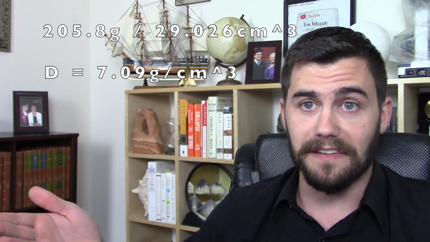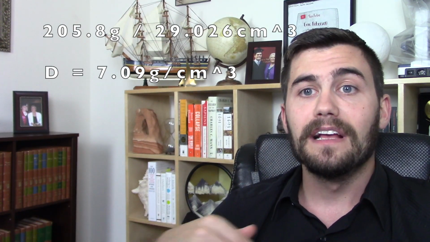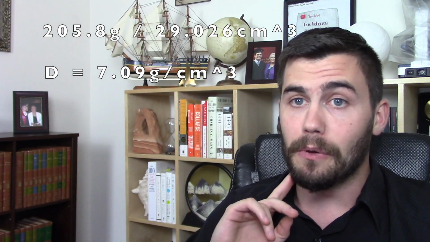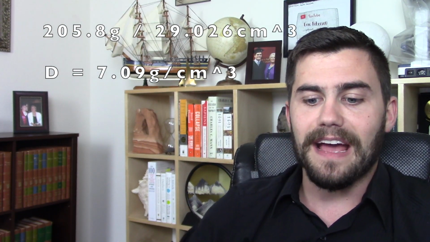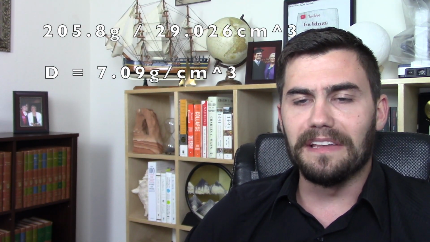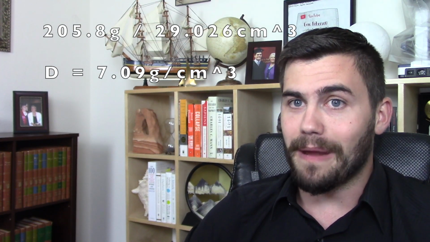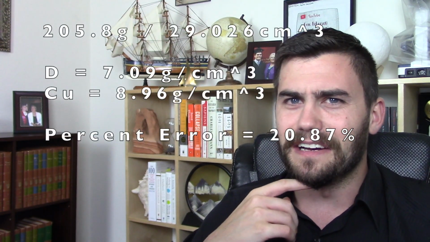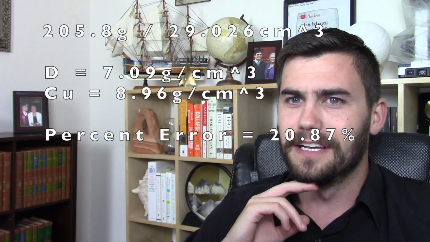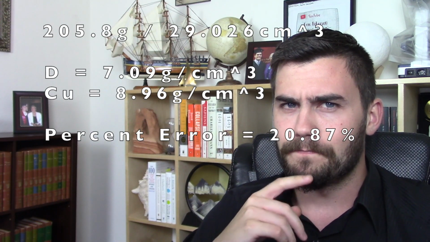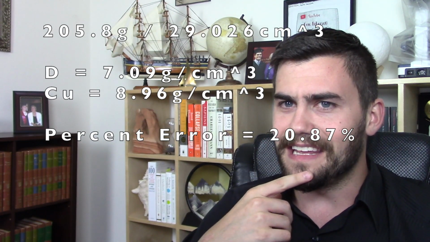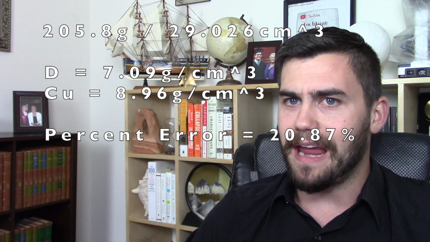Let's take the total mass of our old pennies. There it is. Let's divide that by the total volume of the old pennies, and that comes out to 7.09 grams per centimeter cubed. These pennies are made almost entirely out of copper, but copper has a density of 8.96 grams per centimeter cubed. So our density values are way off.